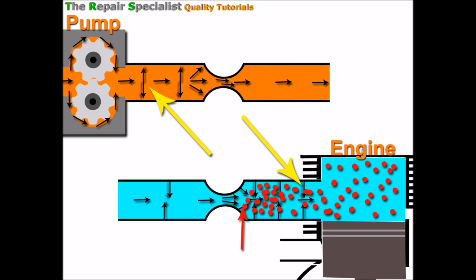So the key differences between these two Venturis are that the top one has positive pushing pressures, exerting forces, and the bottom one has negative vacuum pressures, exerting forces.